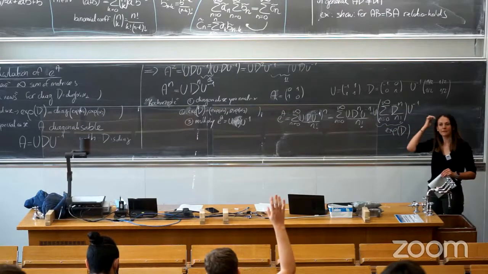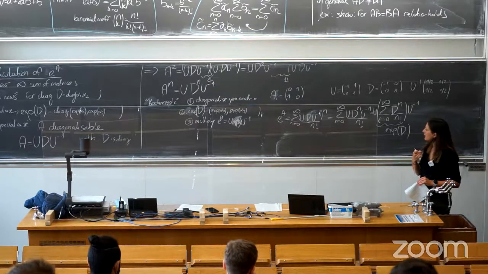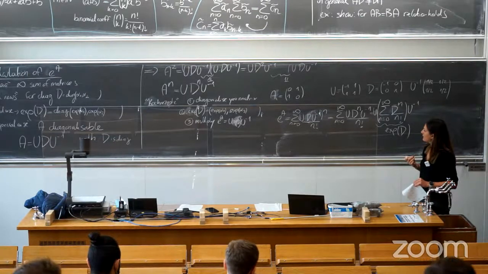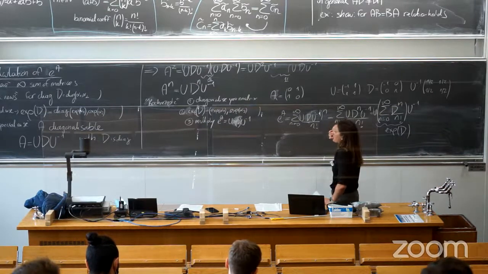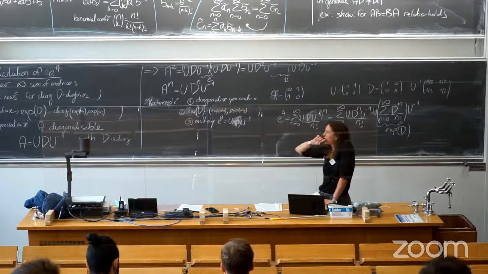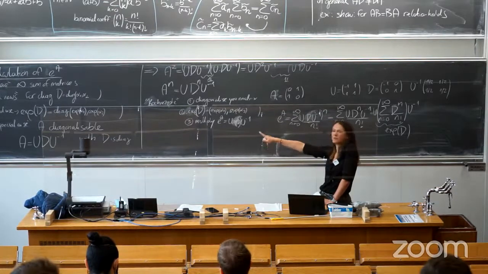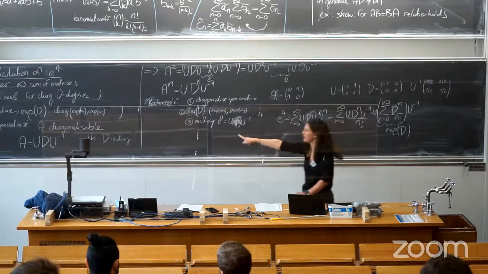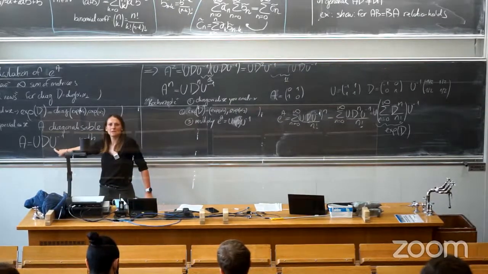Just to make sure, U doesn't have to be unitary, right? No, oh my God, what were the properties? I think that if A is unitary, then U is unitary, for this property, if you diagonalize a matrix.